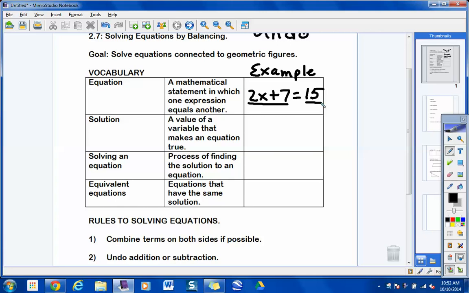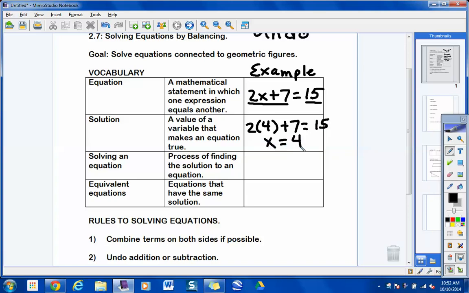How about a solution then? What's that? Somebody want to read it for me? The value of a variable that makes the equation true. So in this example, if I plug 4 in for x, I go 2 times 4, which is 8, and then add 7, which gives 15. So my x value has to be 4.